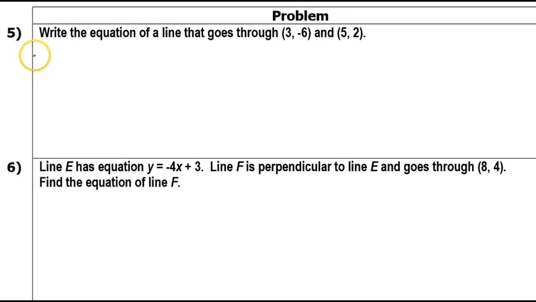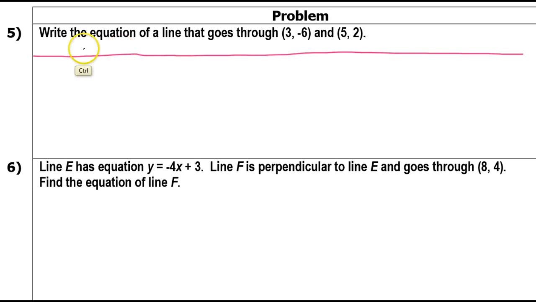So let's go ahead and set up our chart like we always do. All right, we will have slope m. And then we will have y-intercept b. And then we can write the equation.